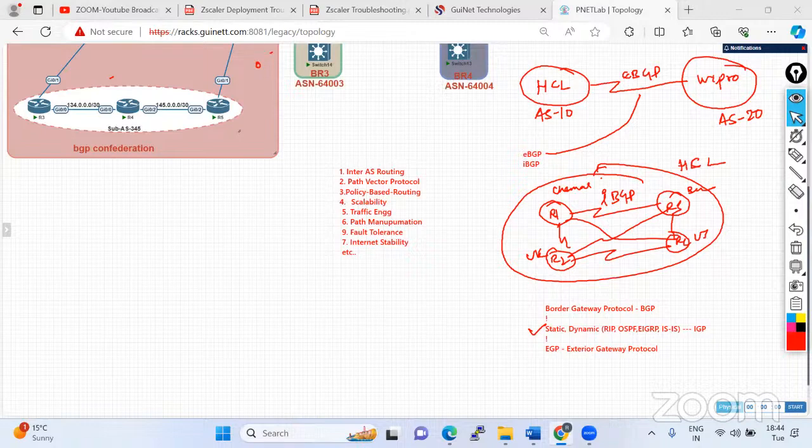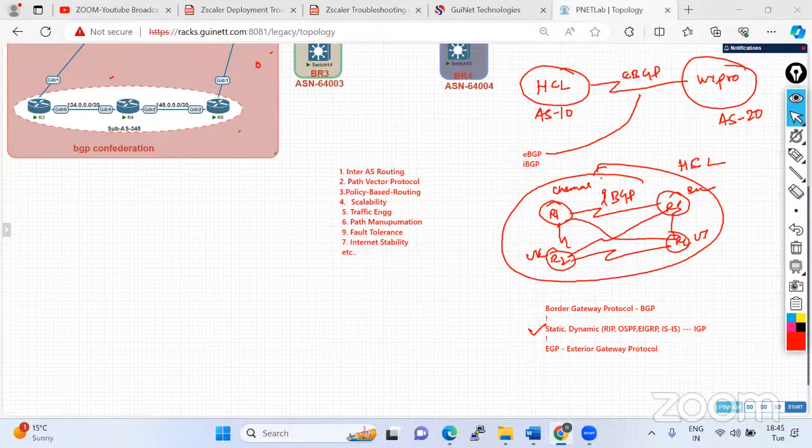So that's why the main purpose of BGP is to exchange routing updates. Like other routing protocols, BGP can be classified into iBGP and eBGP. It is always recommended to run eBGP when we have inter-AS communication. Inter-AS means we have two organizations that want to build communication, then BGP communication is mandatory, right?